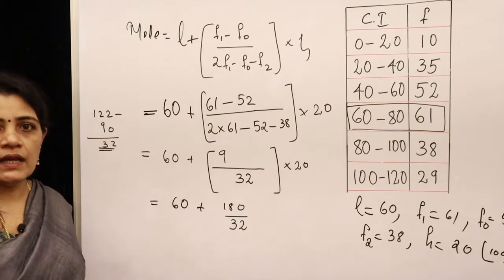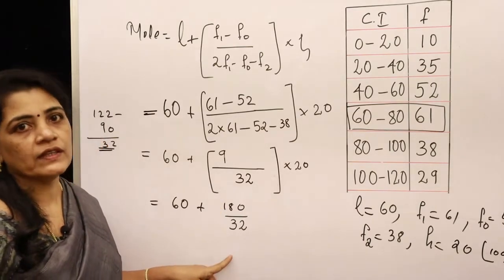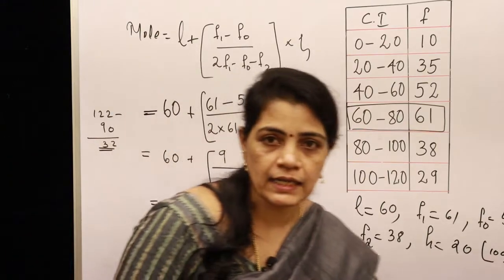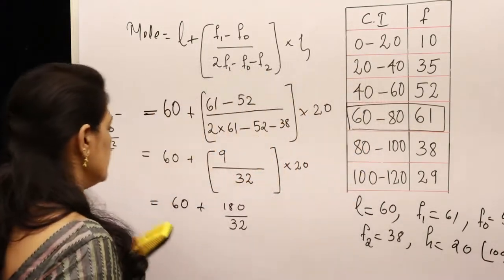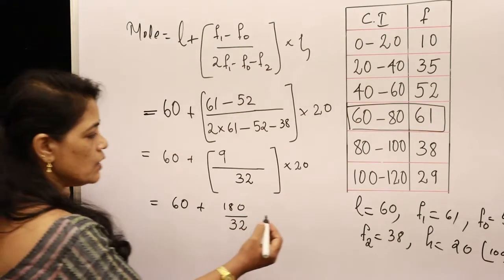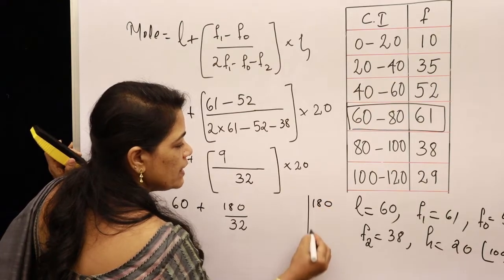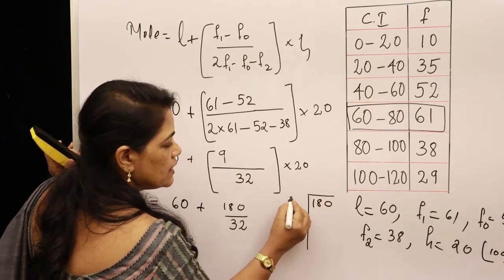I think the step is clear. So we are going to divide 180 by 32 and add that to the lower limit, that is 60. So I am going to divide over here, 180 divided by 32.